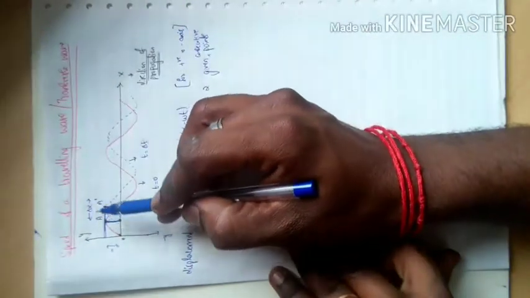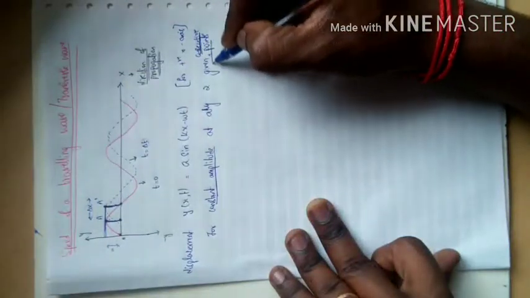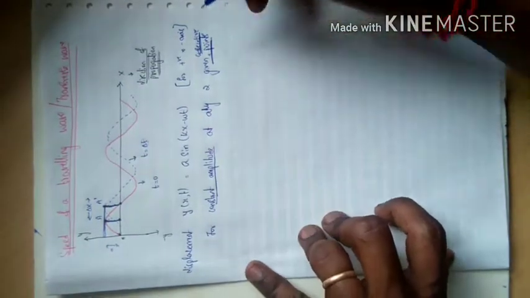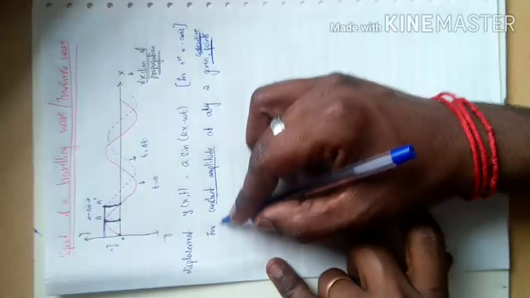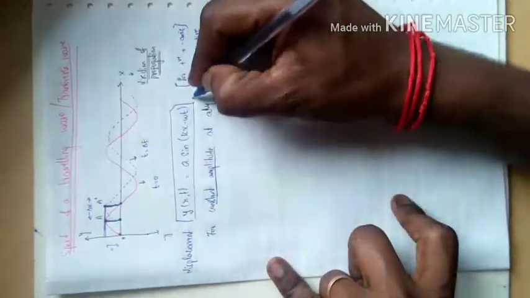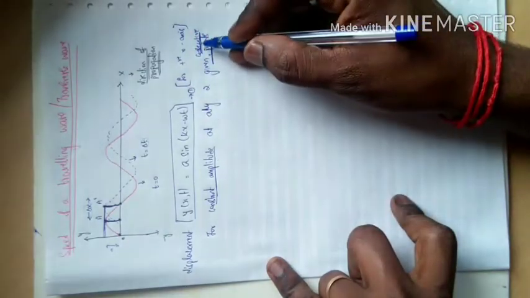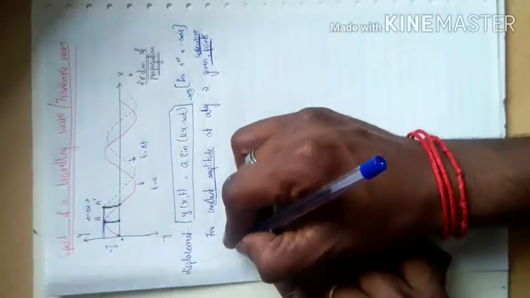Consecutive means that if I measure at this point, I have to measure at the immediately next point where it happens. This is very, very important. For constant amplitude at any two given consecutive points, I am calling this equation 1.